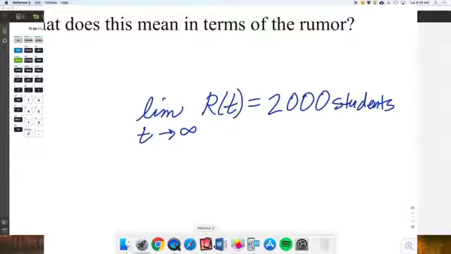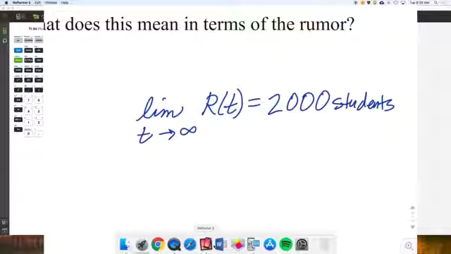Now, here's where models can be practical, but not perfect for theoretical purposes. Because in theory, will that final student, the 2,000th student, ever hear the rumor? Will that graph ever hit 2,000? No. So you could go like 80 years later, and that guy is a 100-year-old man, and he's like, I remember something my senior year, they were saying something about fighting, but I'm still in the process of learning that rumor.